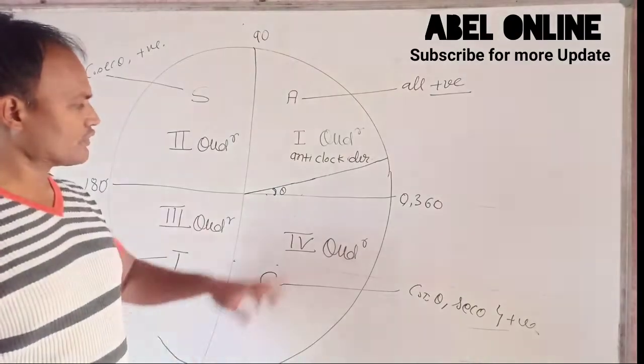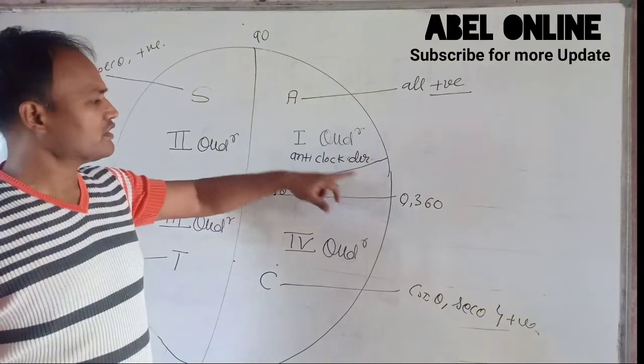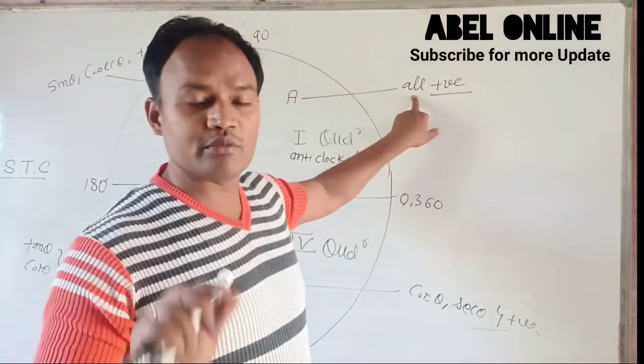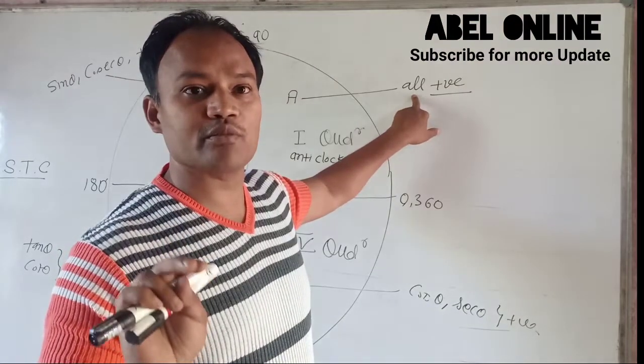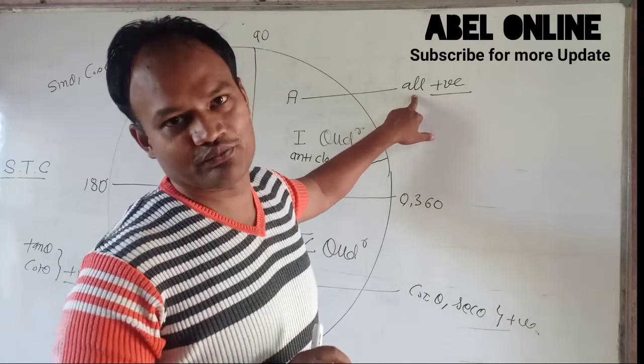In the first quadrant, 0 to 90 degree, all values are positive: sine, cos, tan, cot, sec, cosec.